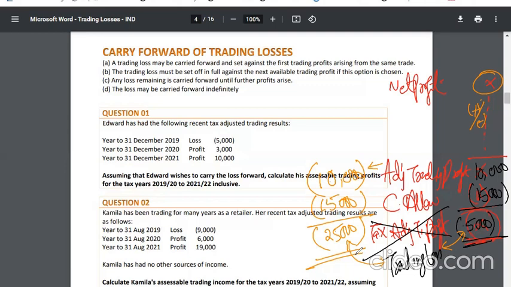We said very strictly that allowances cannot create a minus answer. In the personal allowance case or in any other allowances or reliefs, they cannot create losses. But we have an exception, capital allowance. Capital allowance can create a loss and can increase the loss. Got it?